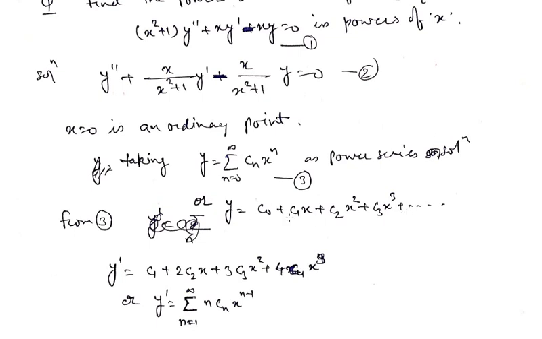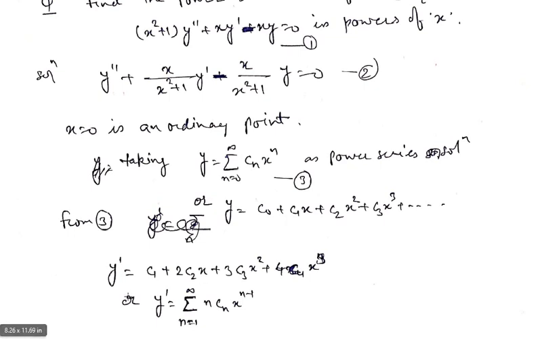So when we differentiate it, the derivative of c naught is 0, the derivative of c1x is c1, the derivative of c2x square is 2c2x, and so on, 3c3x square, and so on. So y prime is c1 plus 2c2x plus 3c3x square, and so on.